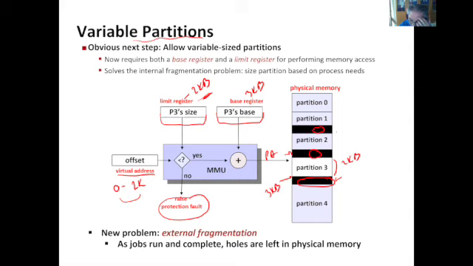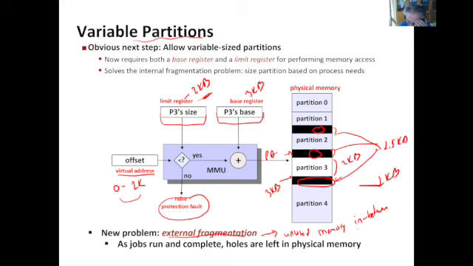Say the total of these regions is 1.5 kilobytes, and you now want a new process which only needs 1 kilobyte. Well, you have the memory, but you cannot fit it in. This is what we call external fragmentation. In external fragmentation, it means that there is unused memory in between, external to the partitions. So this is the problem that we have.